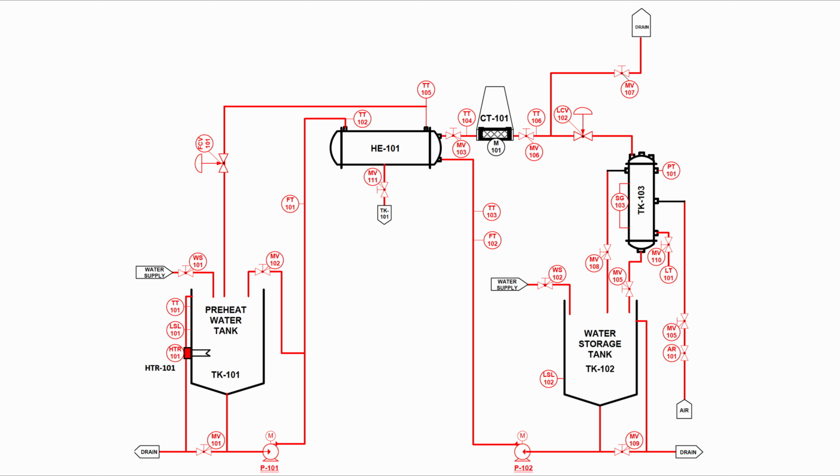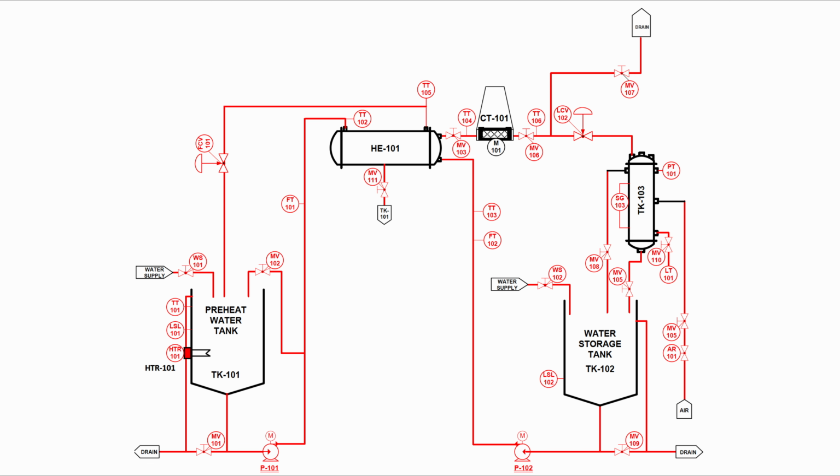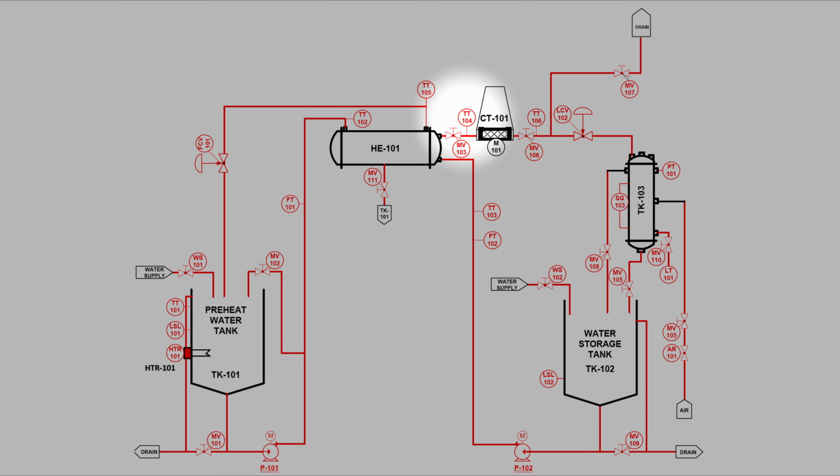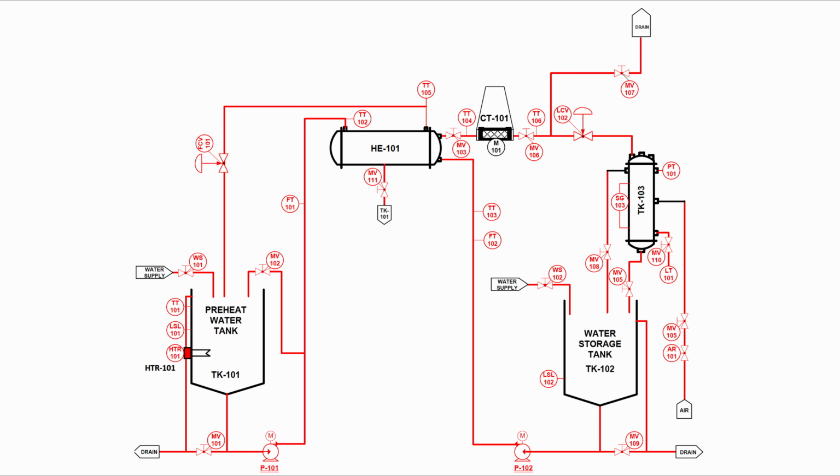In terms of temperature monitoring, the temperature for the tube side inlet is monitored using temperature transmitter TT103. For the tube side outlet, the temperature monitoring is done using temperature transmitter TT104.